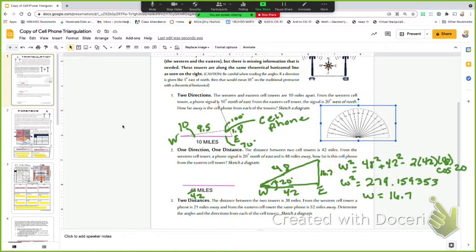So now you have to revert back to your law of sines to find angle E. I'm going to go ahead and write mine over here. So now I'm going to do the sine of 20 over its opposite side, which is 16.7, equals the sine of E, I don't know angle E, over its opposite side, which is 48.